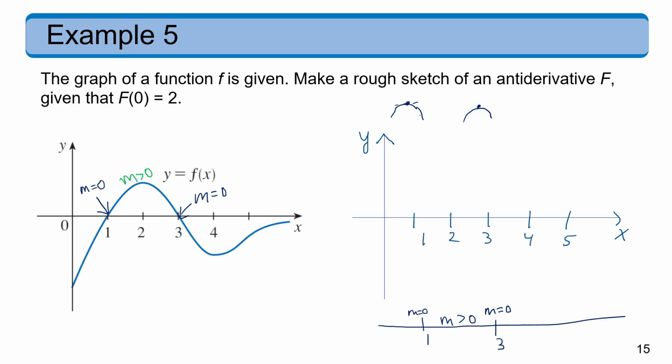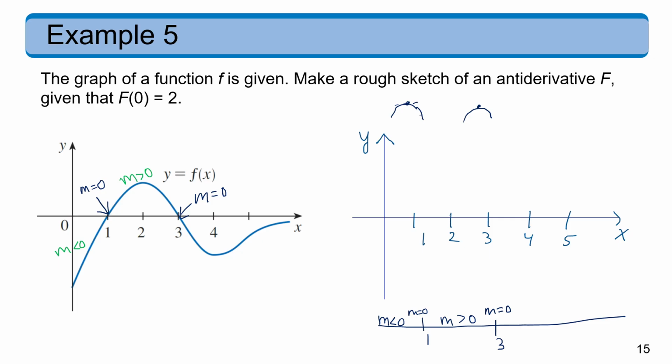Now let's look to the left of 1. Over here, we're not making tangent lines, we're just looking at the y values. The y values are negative. That means the slopes on our new graph will be negative on that region to the left of 1. Okay, so over here to the left of 1, I'm going to put slopes are negative.